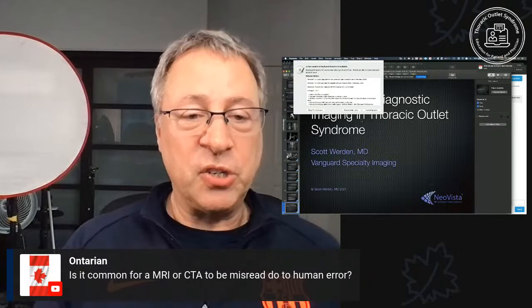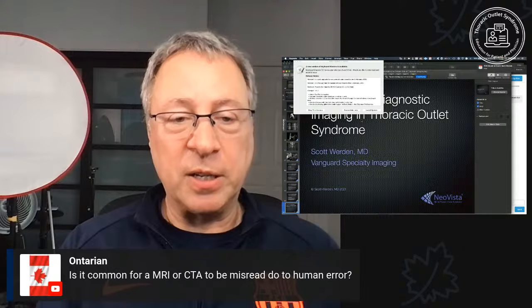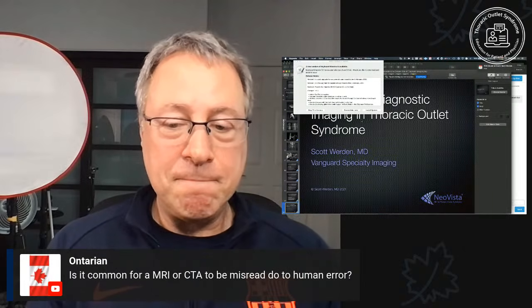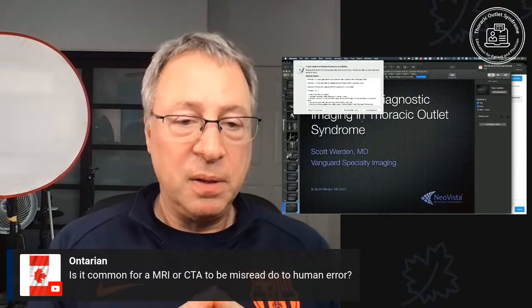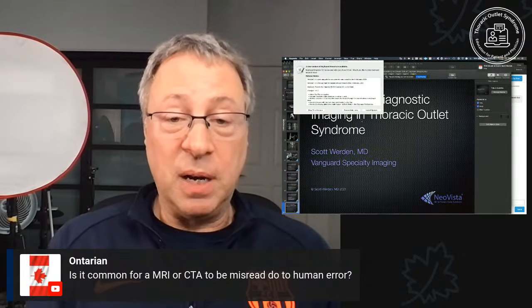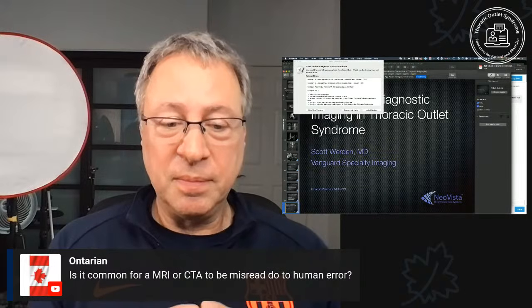And there can be an advantage to that. MRIs are not so easy to read if you're not experienced at it. But I would say it's fairly rare for a radiologist to miss something big. And hopefully if a radiologist misses something, and I have in my career, they follow up and resolve the issue.